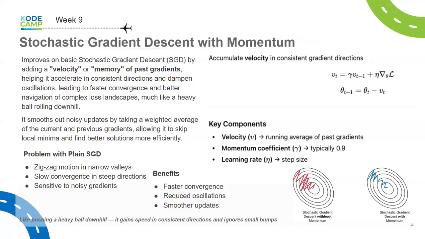So that's why it's called momentum. In other words, the history of how the gradient has been moving, the moving average, basically. So that also improved the stochastic gradient descent that we know.